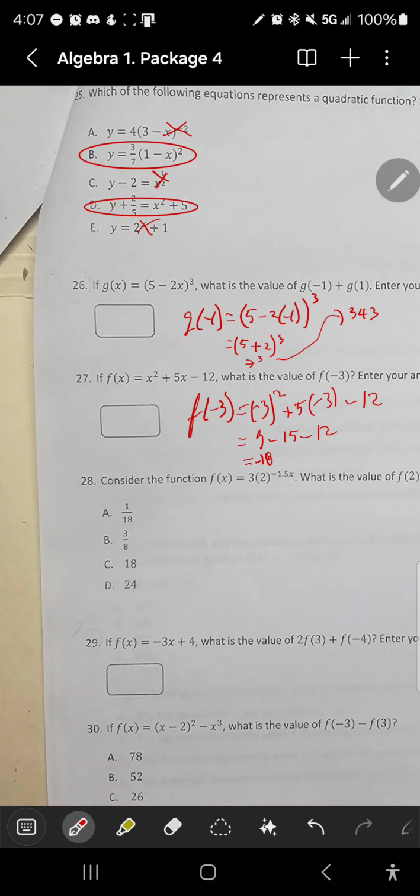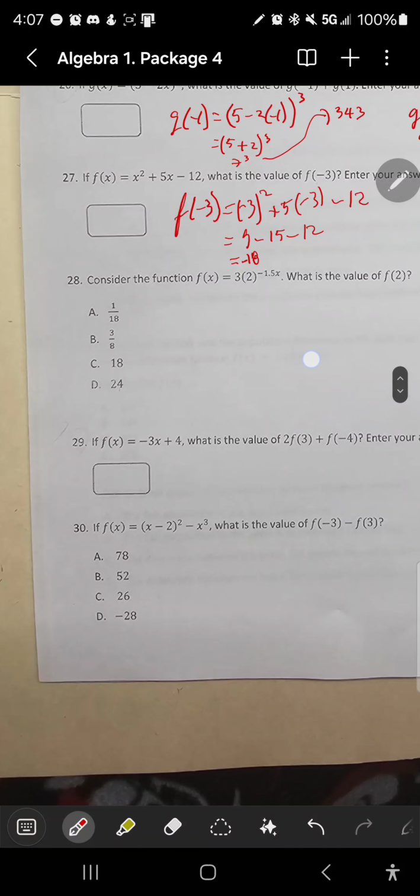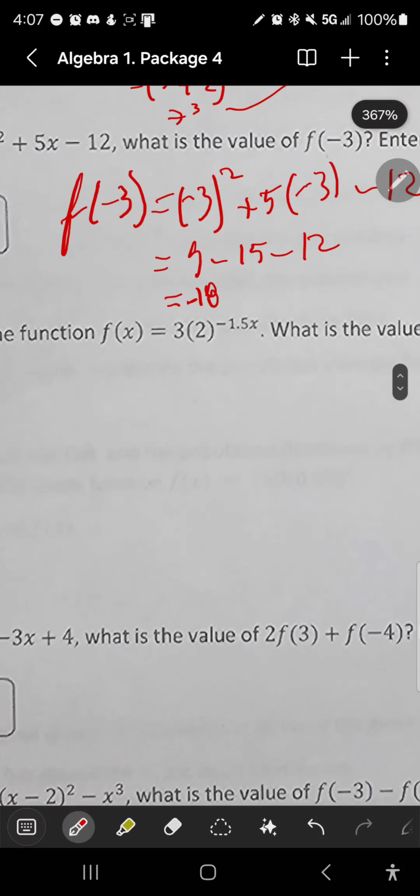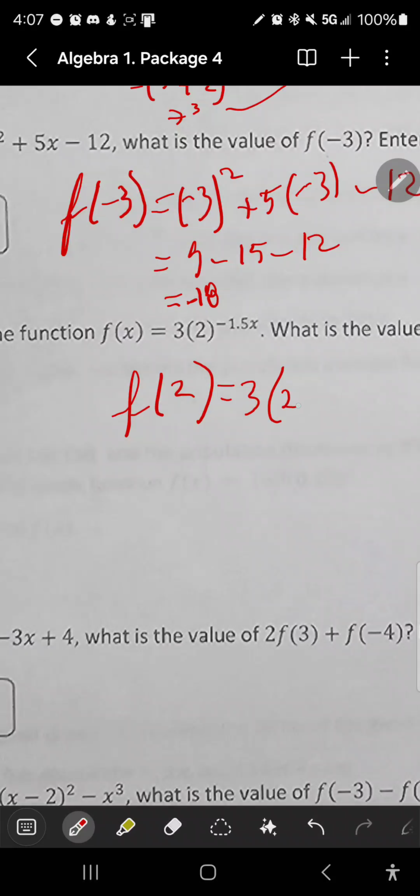Now let's do 28. So we have this function. What is the value of f(2)? Just substituting the value, this is pretty easy. So f(2) equals 3 times 2 to the minus 1.5x. Now this is pretty important. We are just elevating this number, the 2. The 3 is just standing outside as a multiplication factor.